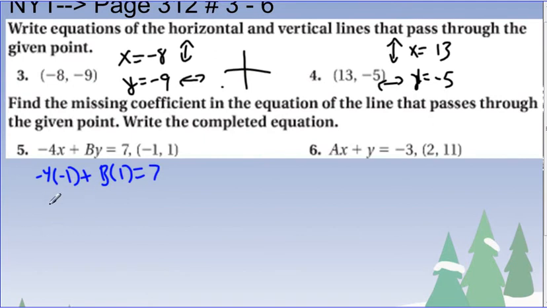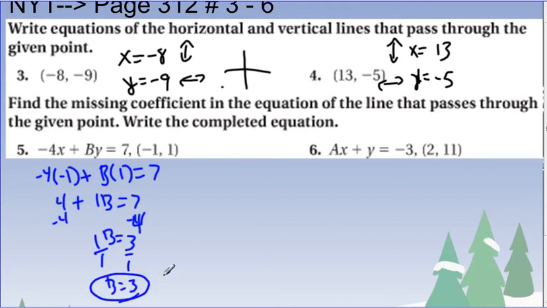Simplify, that's a positive 4, 1b equals 7. Subtract 4, b equals 3. And if you have it as 1b, fine. Divide by 1, you're still going to get b equals 3. And then in standard form, that would be negative 4x plus 3y equals 7.